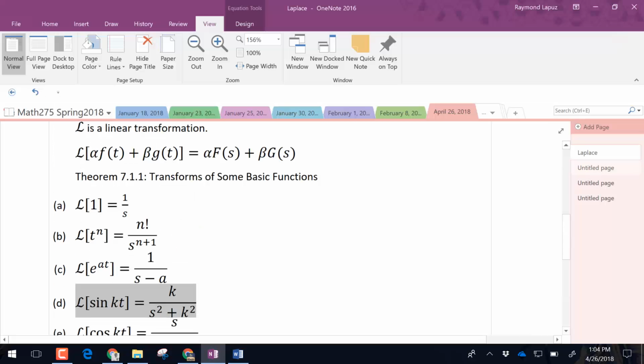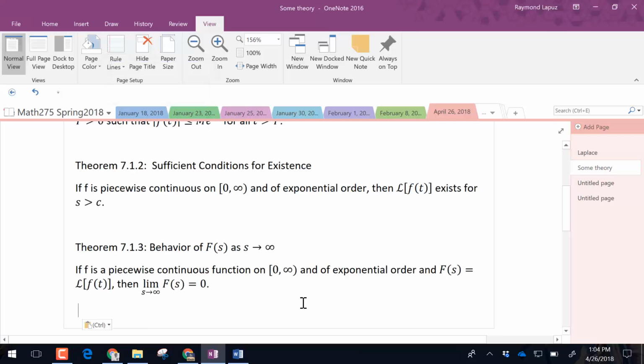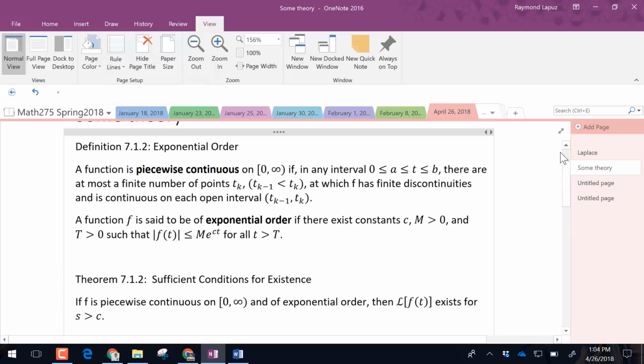And it says here that they give a definition for the thing called an exponential order, and that your function is of exponential order if it satisfies this criteria.